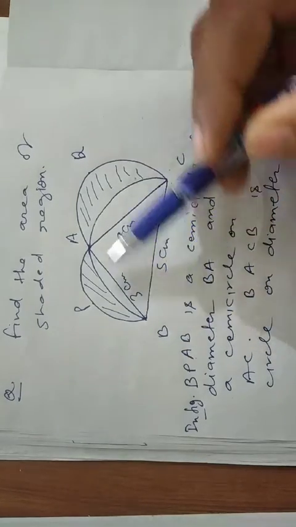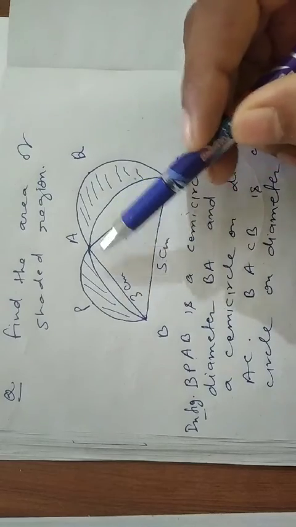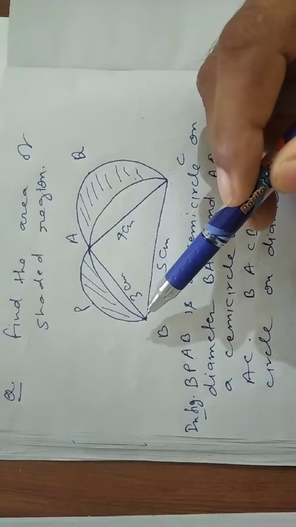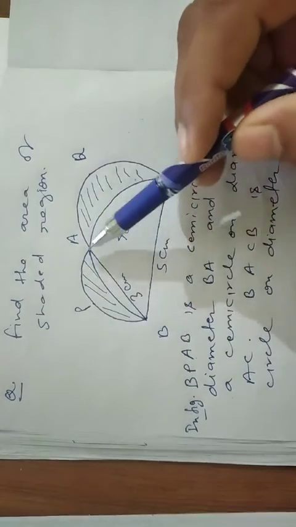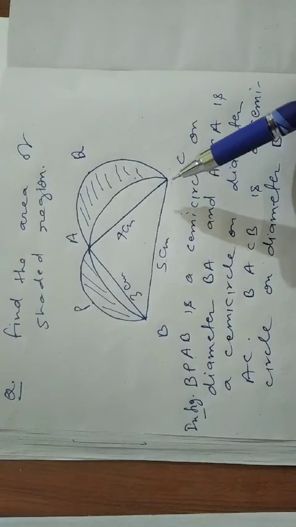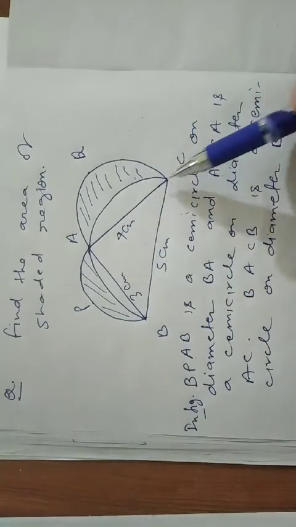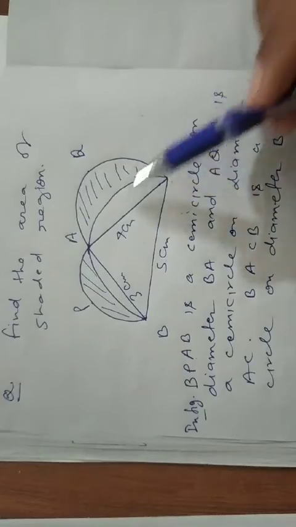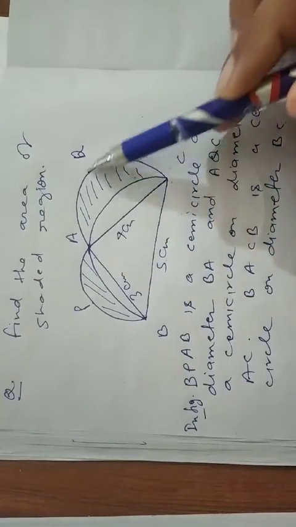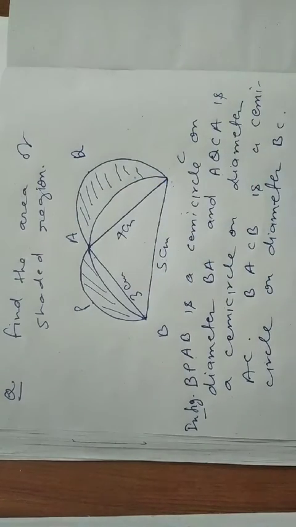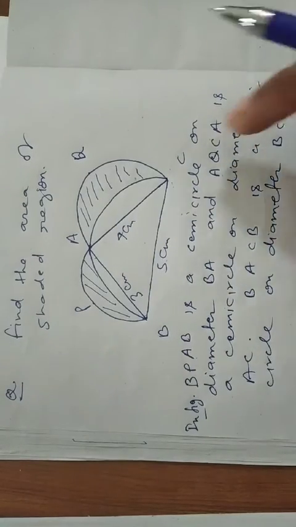On the side BA as diameter, there is a semicircle BPA, and on the side AC as diameter, there is a semicircle AQCA. And for the shaded region shown in the figure, we have to find the area.